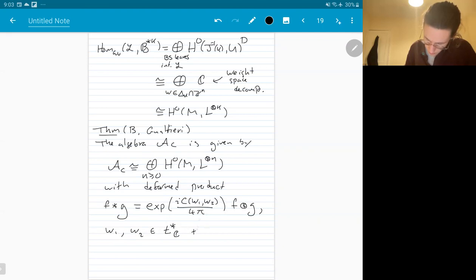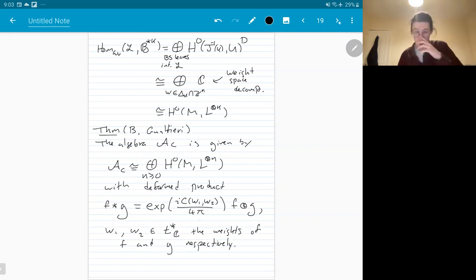These are the weights of F and G respectively. So we find kind of like a quantum torus, but compactified to a toric variety.